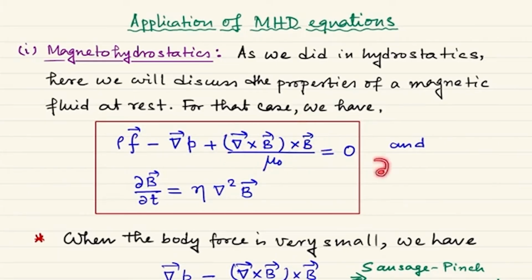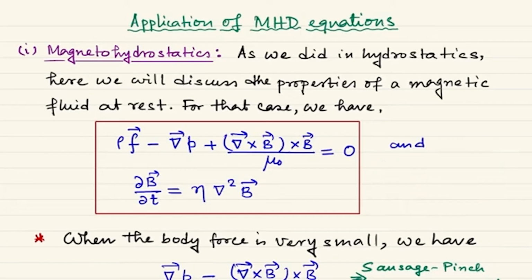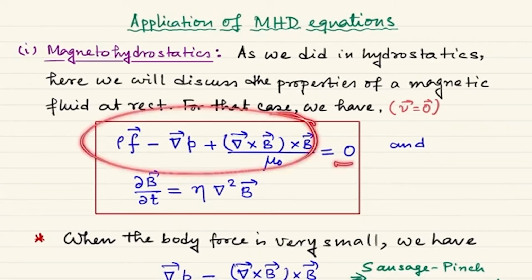The inertial term and the viscosity term, with the dynamic viscosity, all vanish because v is vanishing. So the sum of these three is equal to 0.